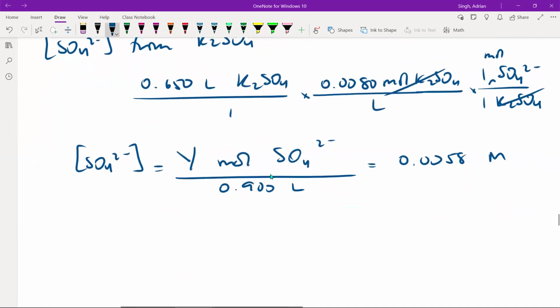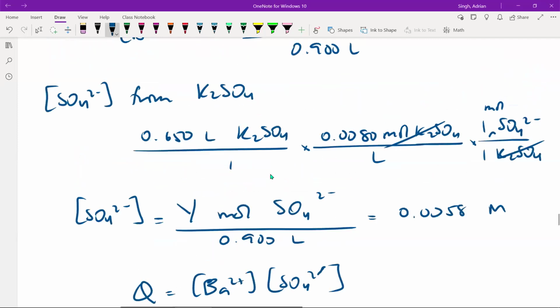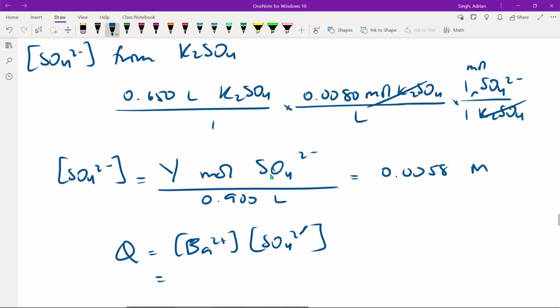Okay, so then we need to stick that into our calculation. Our Q, our reaction quotient, would be equal to the barium times the sulfate. So that's 0.0011 times 0.0058. And that gives 6.4 times 10 to the minus 6.